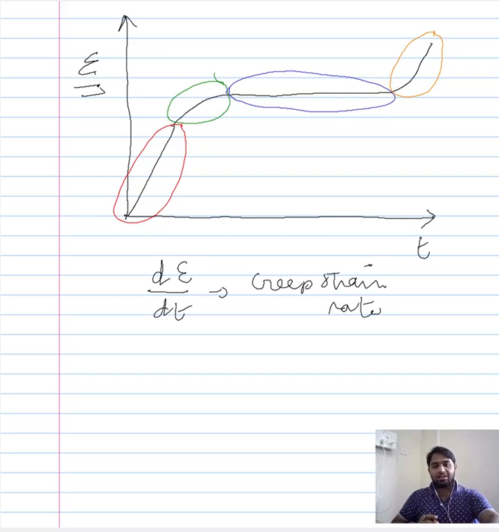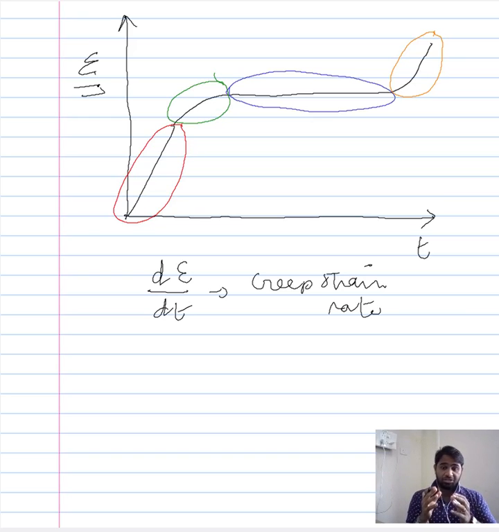Now, during the instantaneous stage, the creep rate or the slope is rather constant. As you can see, it is more or less straight, and therefore we can assume that the creep rate is constant. Like we saw in the previous categorization of the creep curve, this section is dependent on the material.